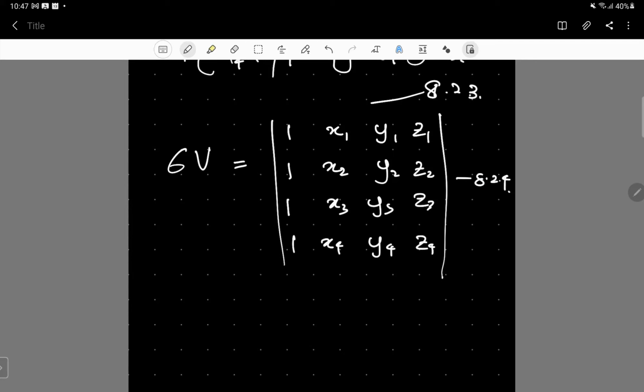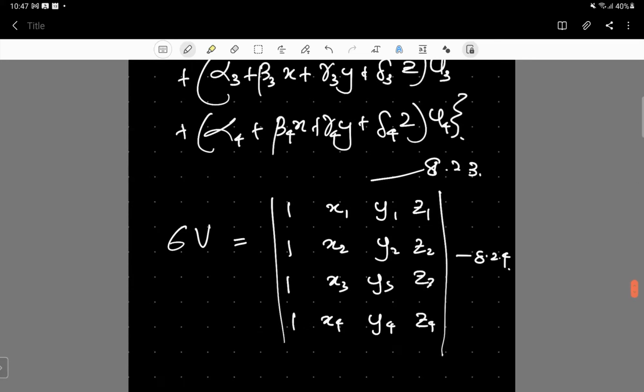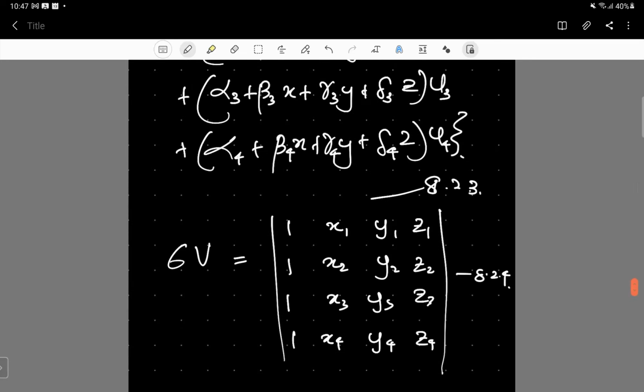Of course, you would arrive at this step when you want to evaluate the shape functions based on the known nodal coordinate systems.